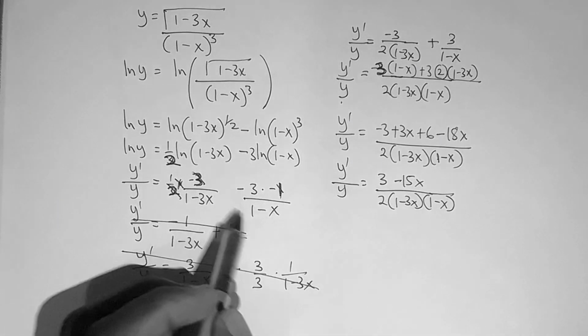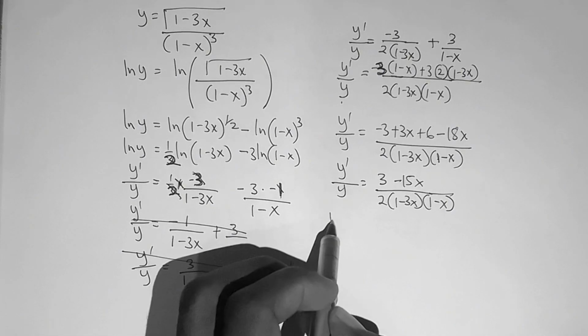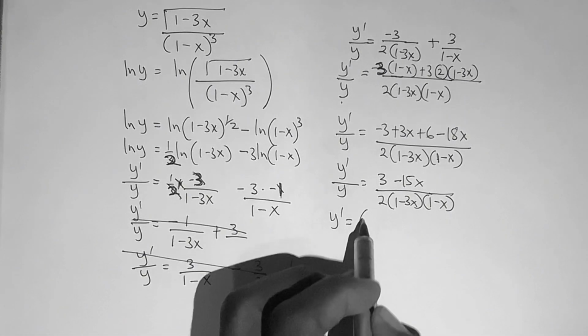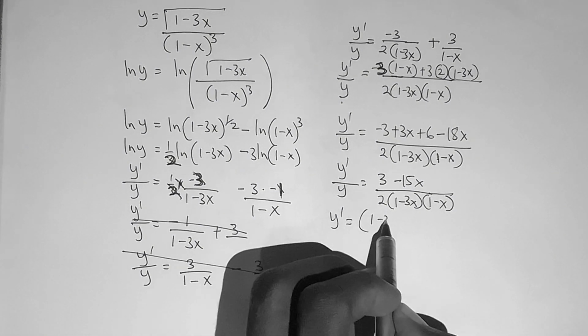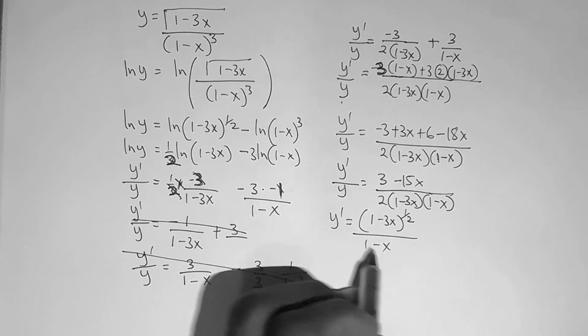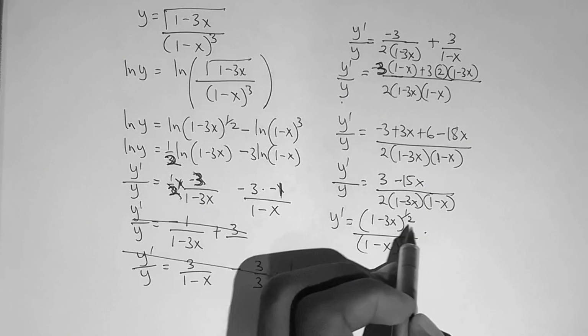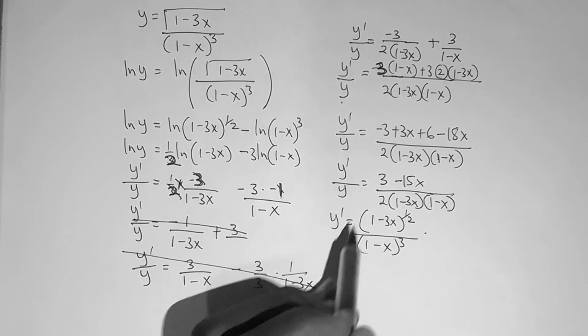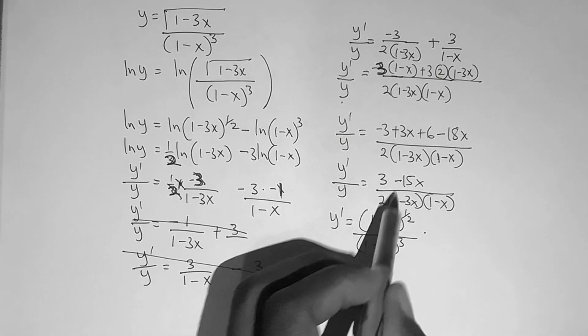So now we can put in the y. So y prime is equal to y. Now we know that y is into bracket 1 minus 3x exponent 1 over 2 divided by 1 minus x exponent 3 times, now this 3 over 2, let me factorize 3 over 2 out of this.